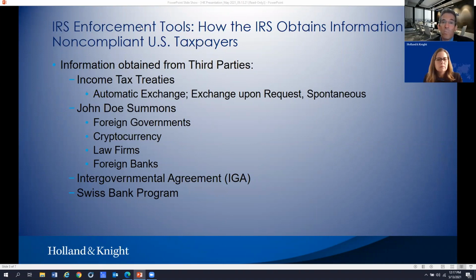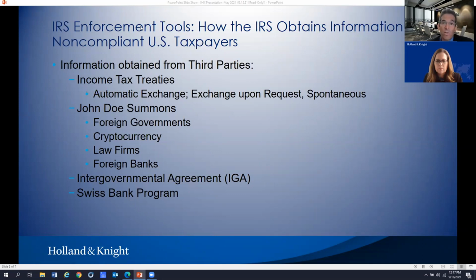Norway believed that there were a number of Norwegians avoiding tax by using these cards tied to US institutions. A separate summons was issued to Prairie Bank in Minnesota because the Norwegian authorities had the debit card number for a specific individual, and they wanted to know who that debit card was tied to.